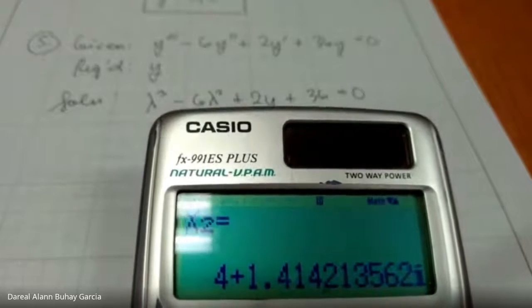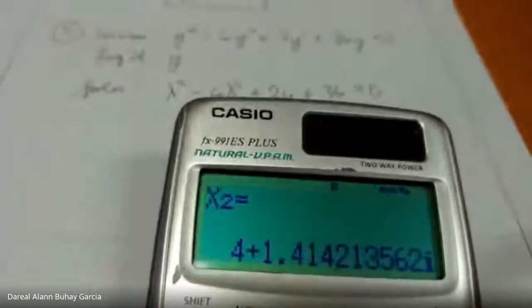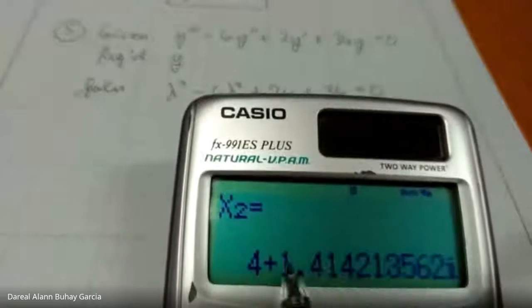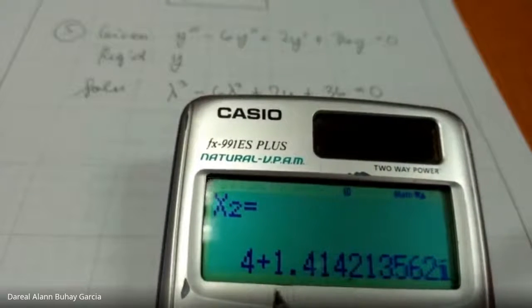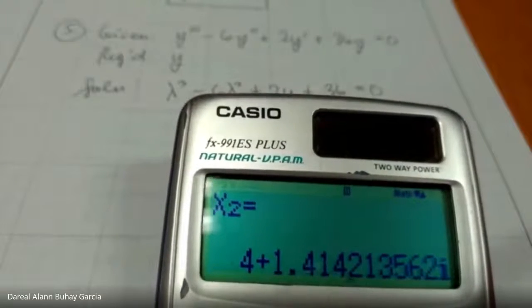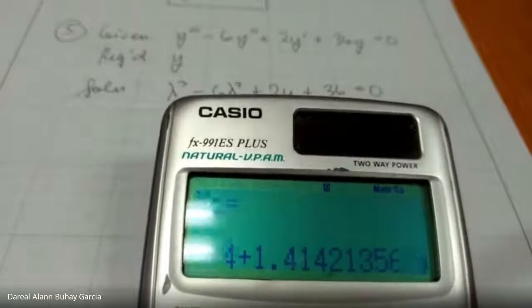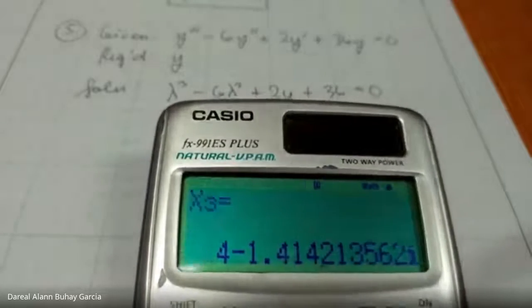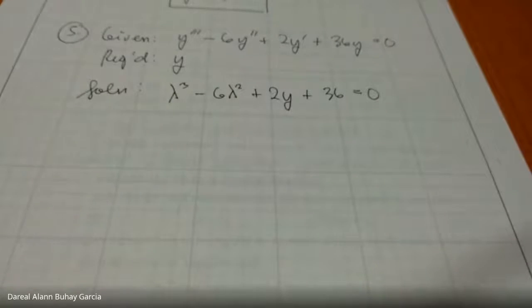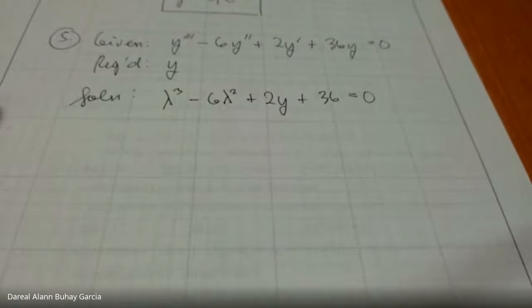I think this value is the square root of 2, we can just use 1.414. I'm sure it is the square root of 2. So, one of the roots is negative 2.